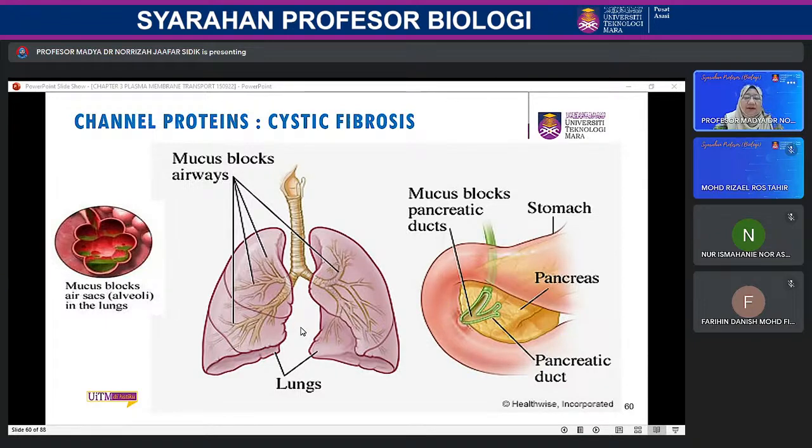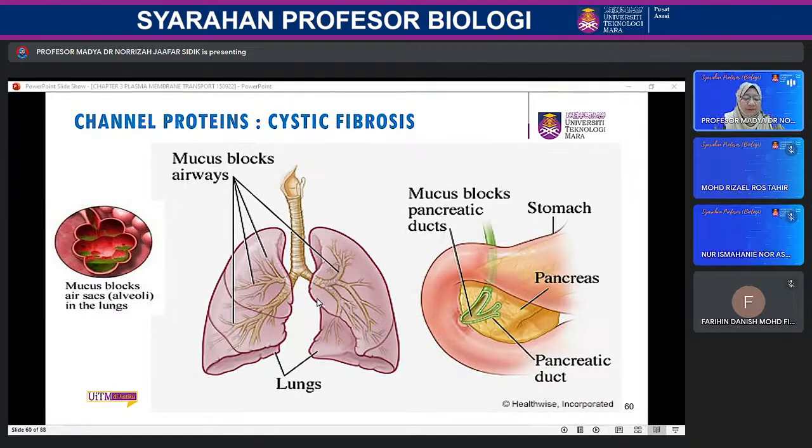You can see here the mucus produced at the respiratory tract, the bronchioles, then the trachea, and it can block the respiratory airways. Mucus also blocks the pancreatic ducts.